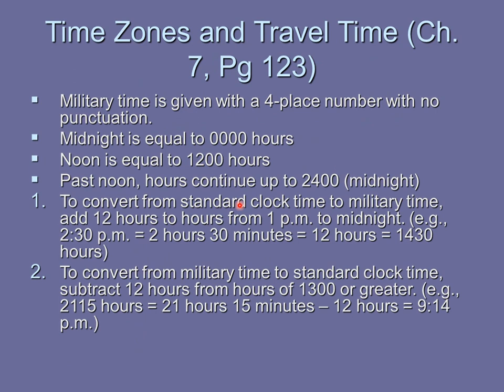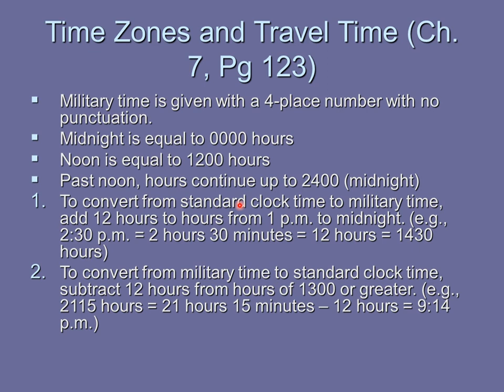So sometimes we also have to convert the time zones because of travel, right? That's a similar conversion type. So in some cases we also use the military time, which is given as a 4-place number. For example, midnight is 0000, noon is 1200. They keep counting, right?